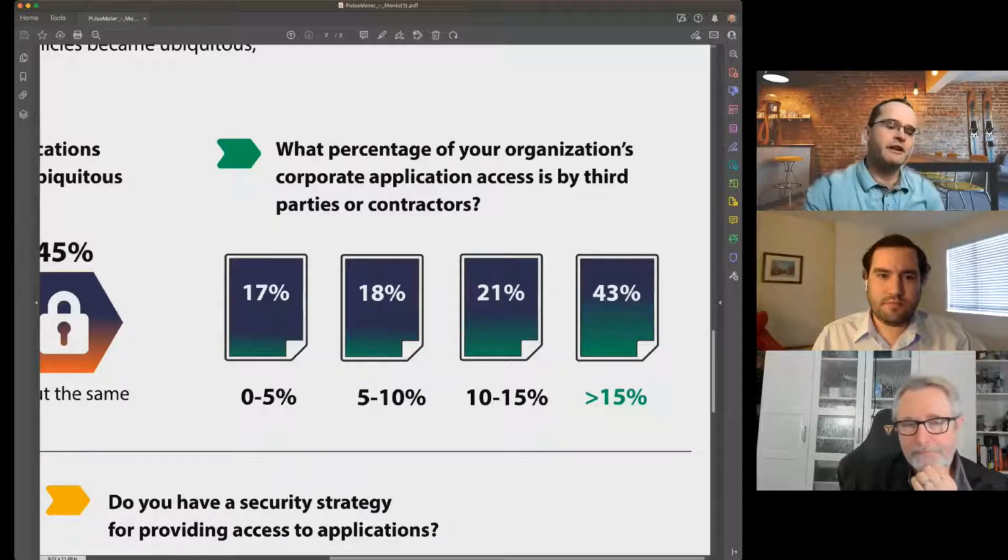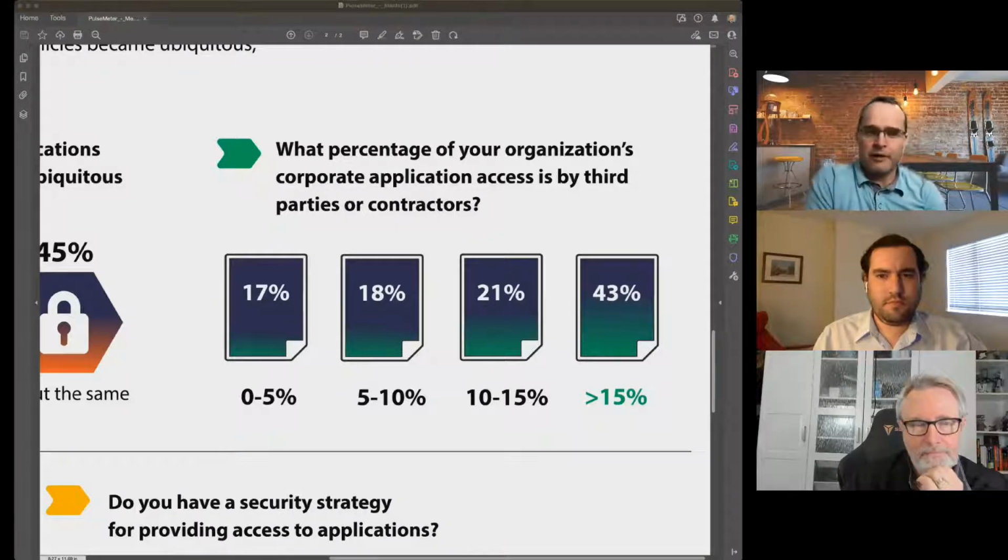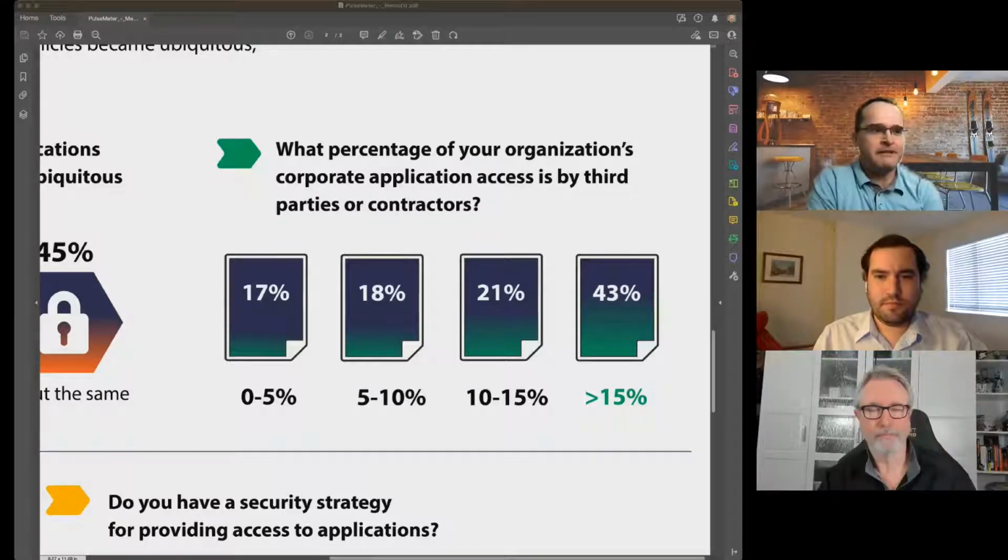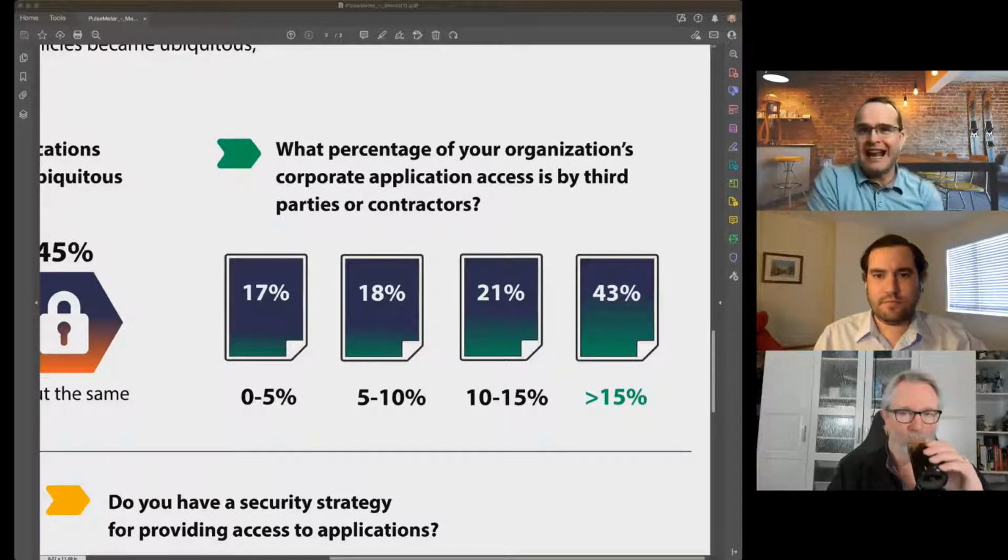Yeah, for sure. And if you think about it, from the CISO's perspective, when they look at that 43% number that are accessing over 15 applications, it's scary to them because the application access itself is important and challenging to establish. But then applications tie to data, and that's what all the companies on this call have. The lifeblood of your organization is the data.